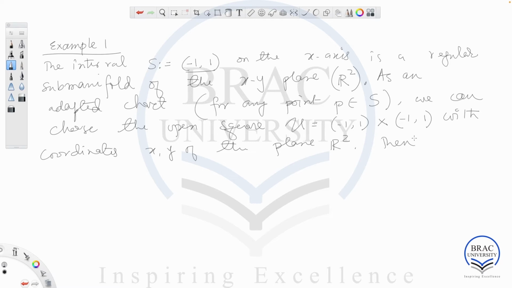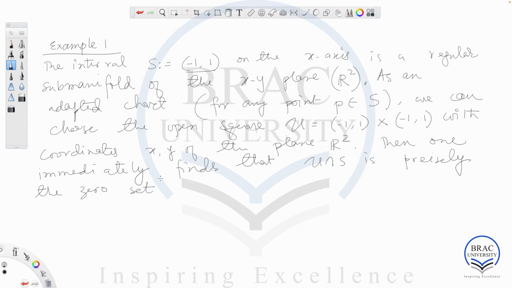Then one immediately finds that U intersected with S is precisely the zero set of y on U. By the zero set of y on U, we mean the set on which y vanishes.